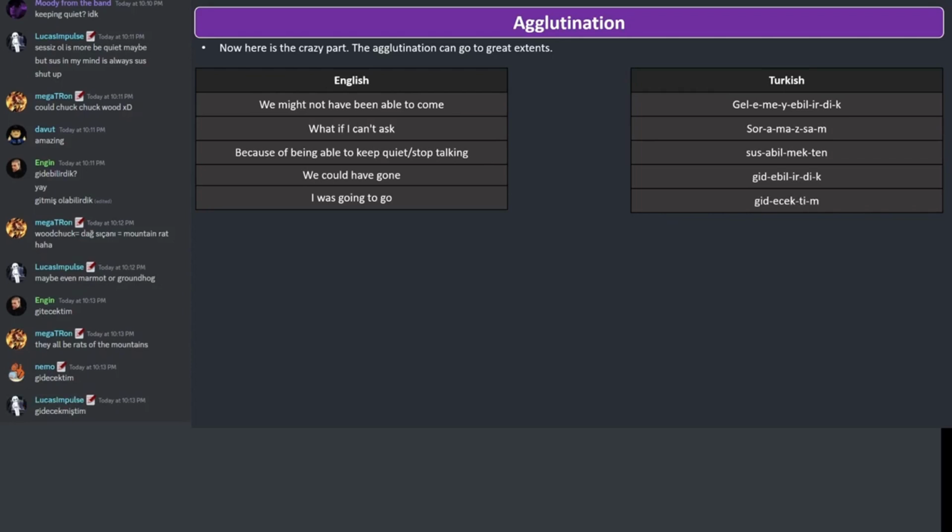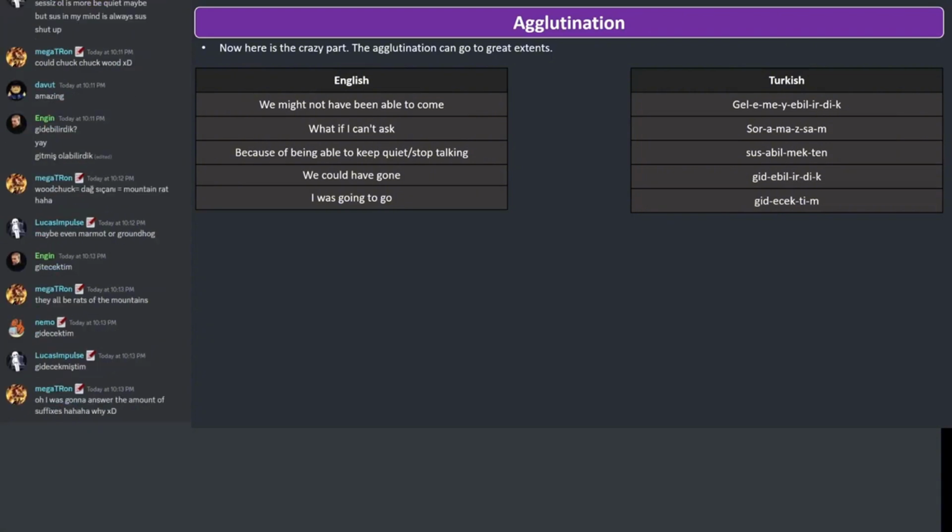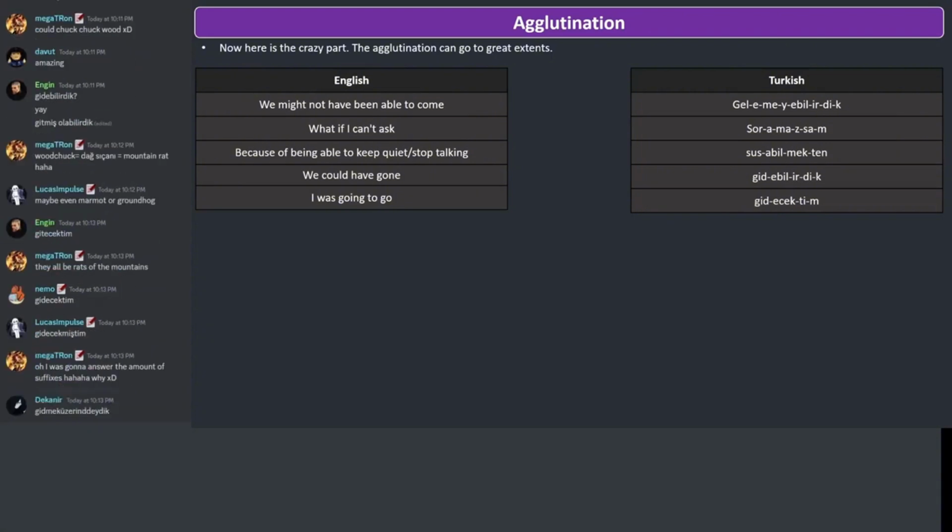Gidecektim. Gidecekmiştim. No, that doesn't work. There are rules on using combinations. Gitmek üzereydim. That is, I was about to go. Gitmek üzereydim. So in Turkish, it is one word, but 1, 2, 3 suffixes.